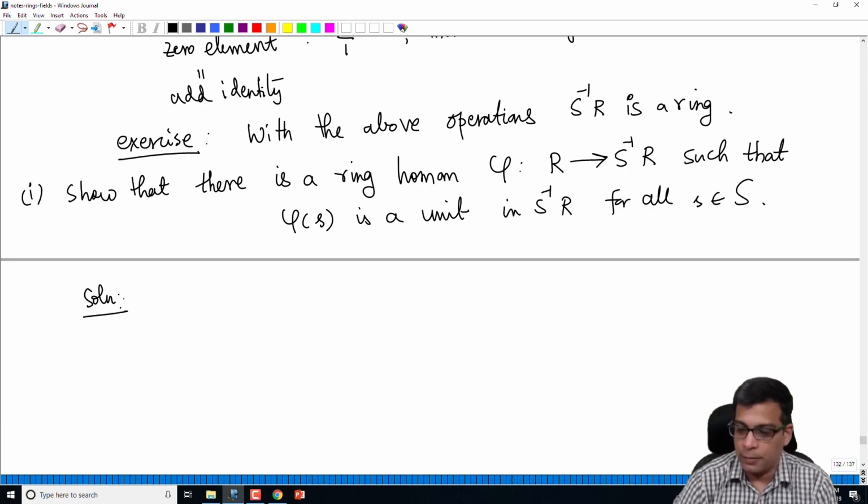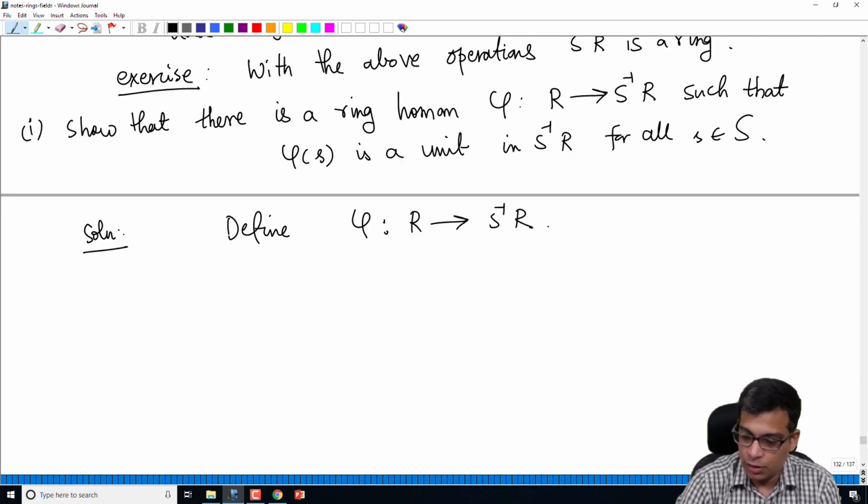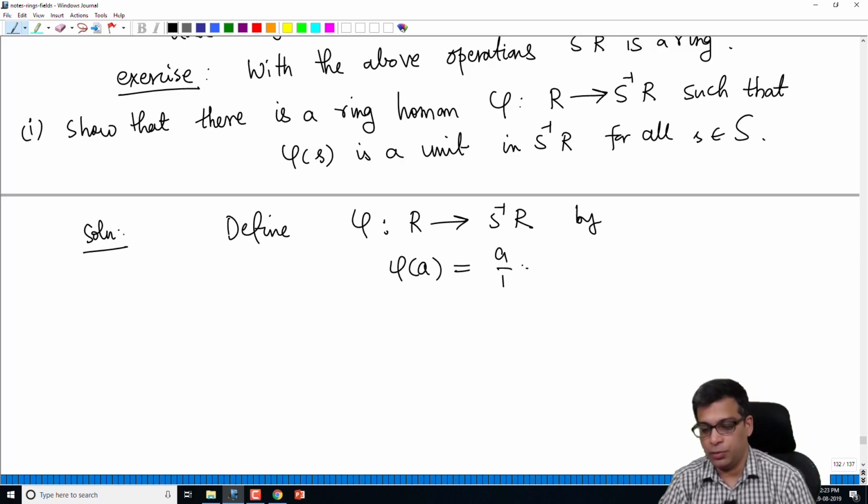Solution. The map is very easy to define. Define phi from R to S inverse R by sending phi of A to be A by 1.